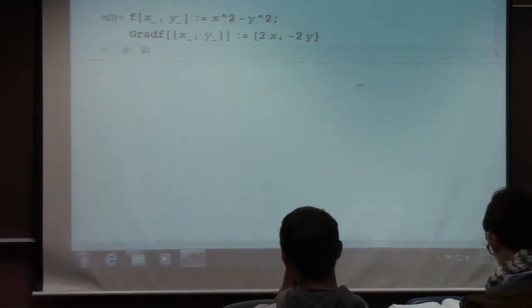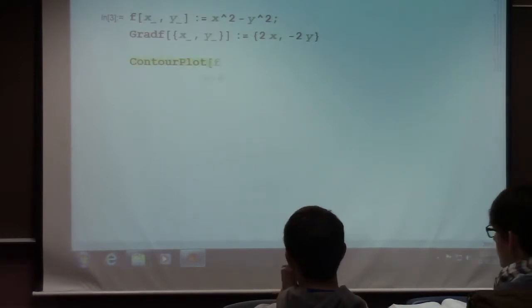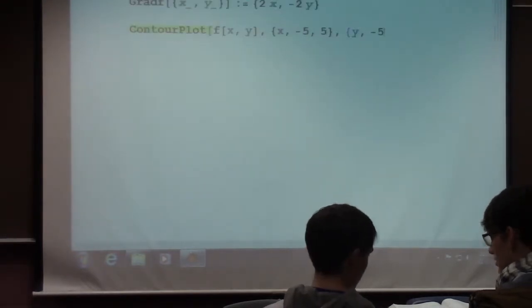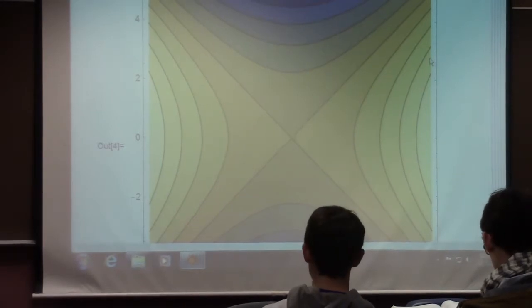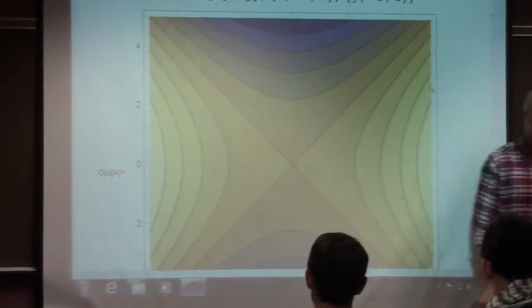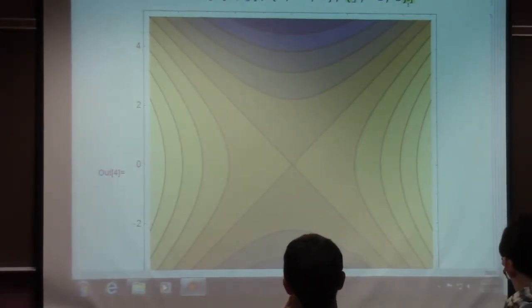In particular, focus on the contour map. I'll make a contour plot of this. There it is. What you see there in the middle is a little bit of numerical error or something right there. That's not accurate. I can fix that by plotting more points.